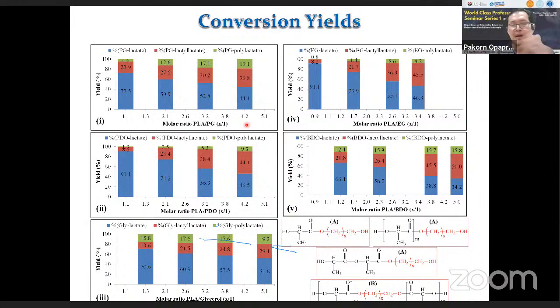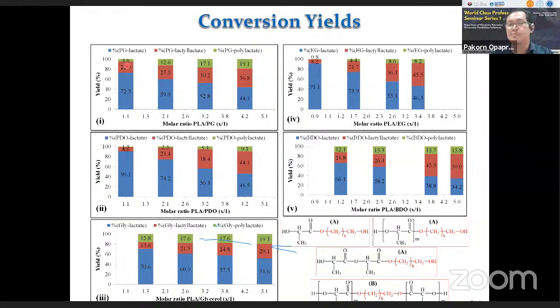So this is one example of the result that we get from the characterization technique that we develop. Each graph here represents the yield of each fraction of alcoholized products. The blue one means that the PLA is very short, only one repeat unit, the shortest product.